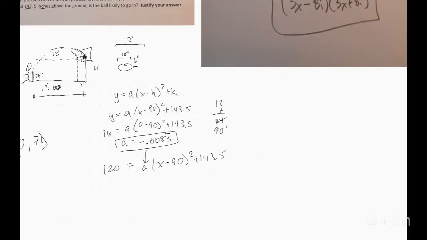Take the square root of that, and then add 90 to it. You get how I'm doing this? Are you doing that as well? So x would equal 143.10366722.